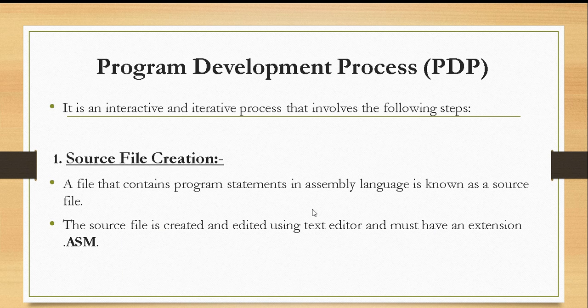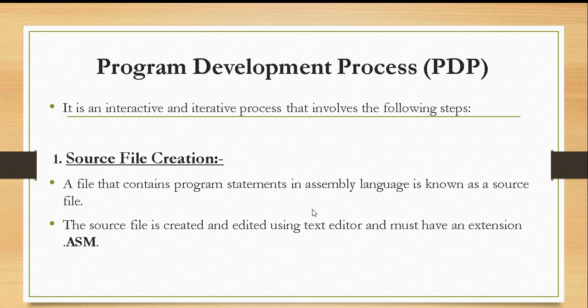In this slide, we give the program development process. It is an interactive and iterative process that involves different types of steps. The first step is source file creation, meaning we can create a source file using an editor, having the extension .asm.